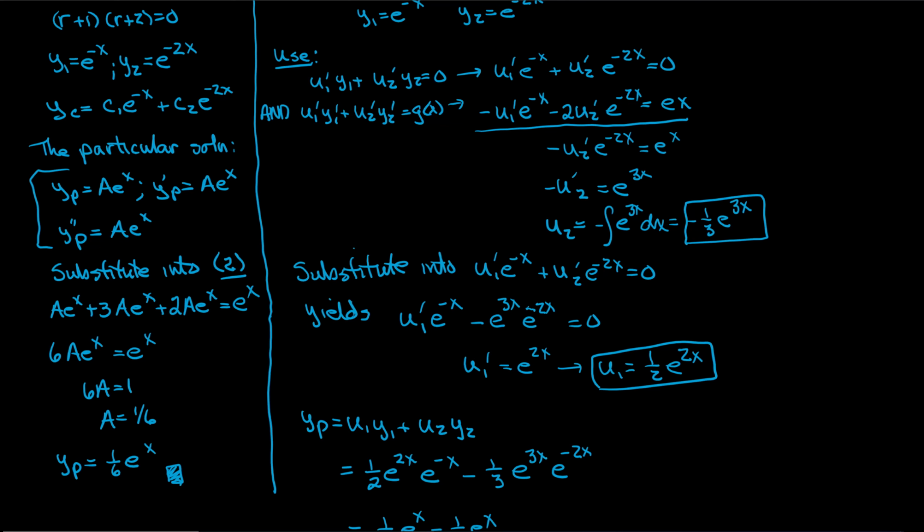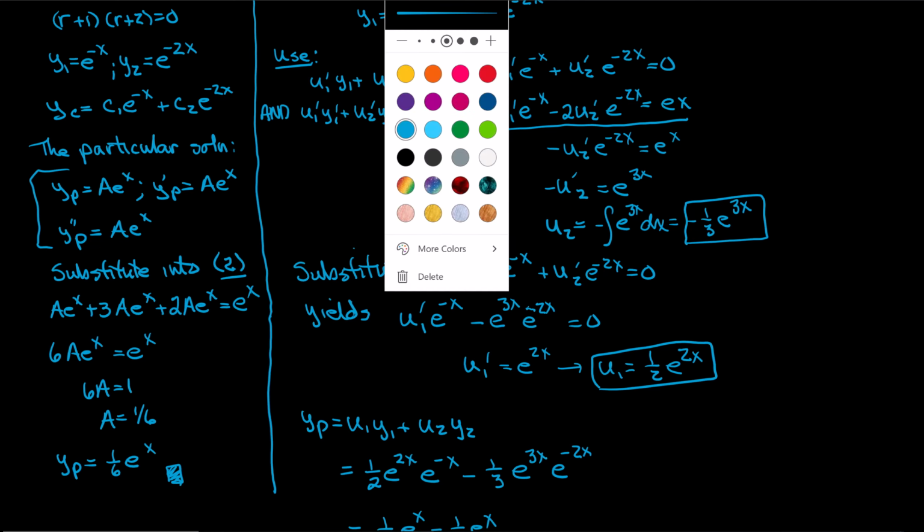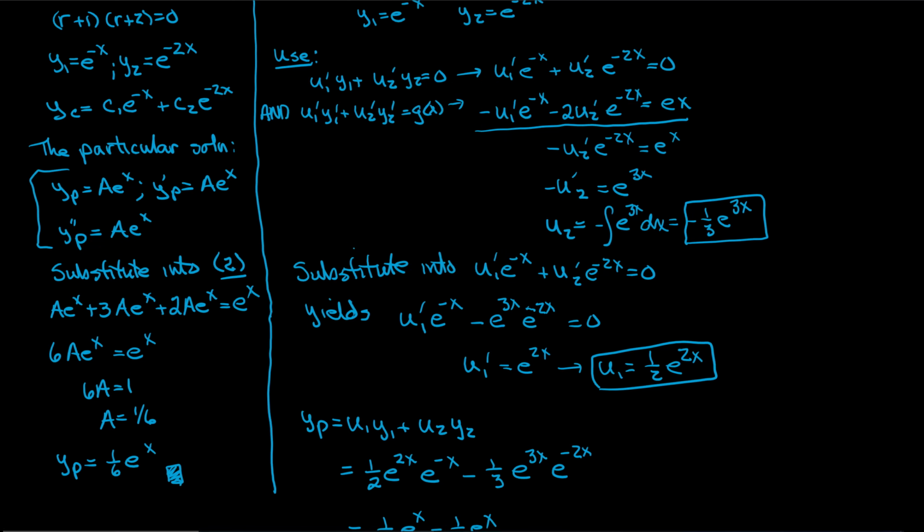Well, that's a e to the x, equals e to the x. On the left-hand side, they're all going to add up, and we're going to get 6a e to the x equals e to the x. You can divide both sides by e to the x because you know e to the x is never 0, so we don't have to worry about dividing by 0.